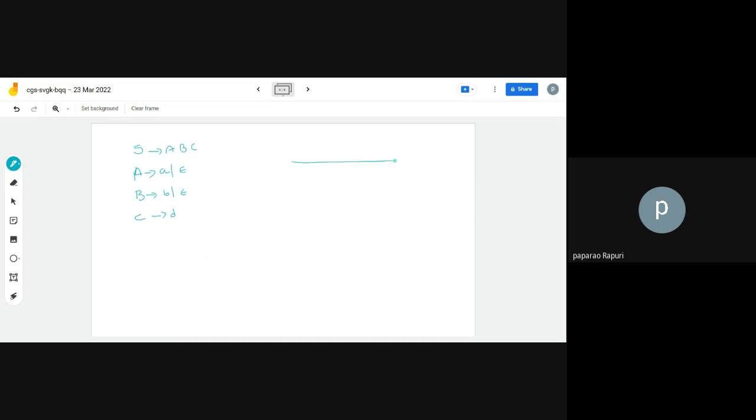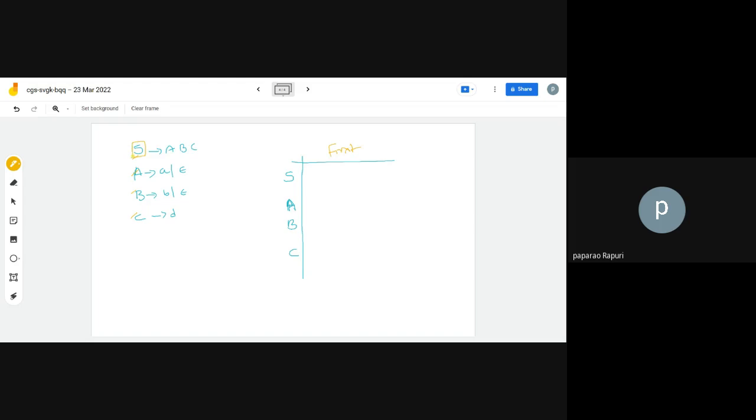So please come and try to write S, A, B, C. Sir, why do we take S, A, B, C? For all the non-terminals present on the left-hand side of the production, we need to write first. For that purpose, sir, I have taken S, A, B, C. Right? First.